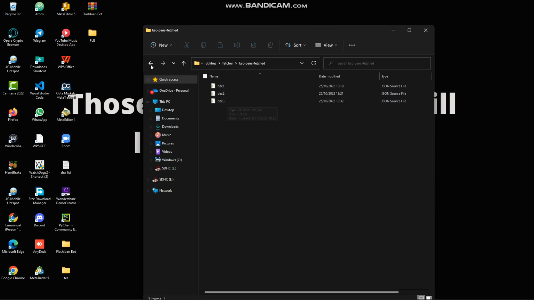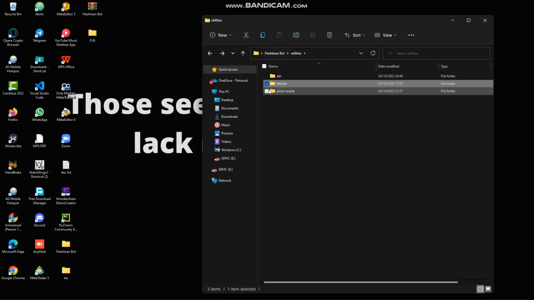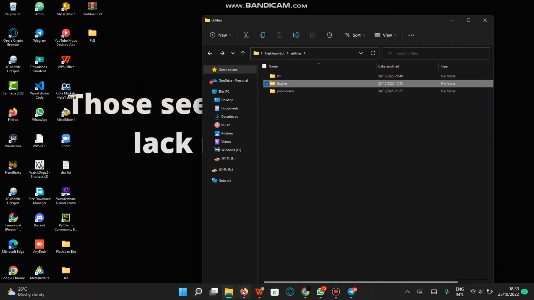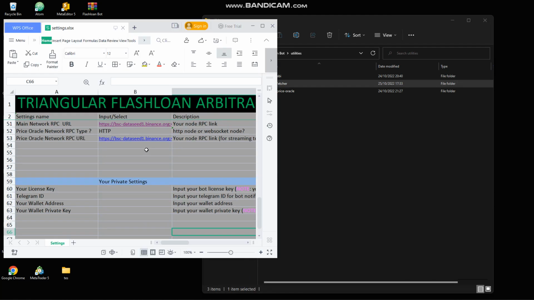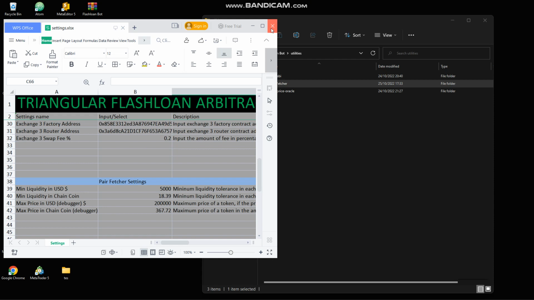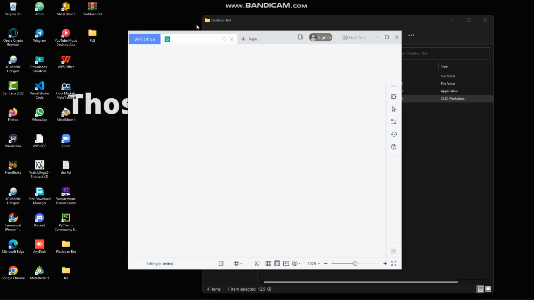3 Biswap. What we have to do next is go to our settings. Remember, I said I will explain the settings later when we have our settings files. Let me go to the actual settings where I input my parameters.